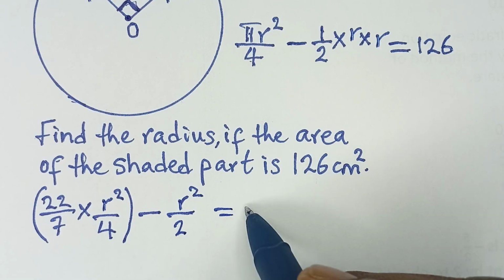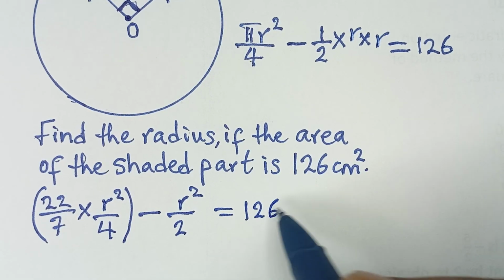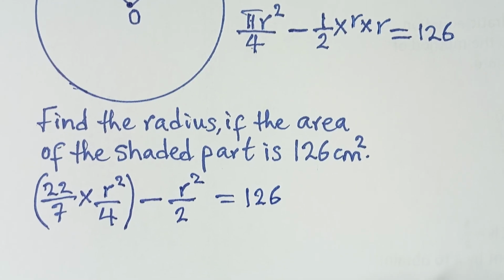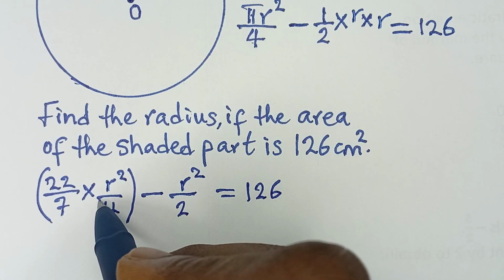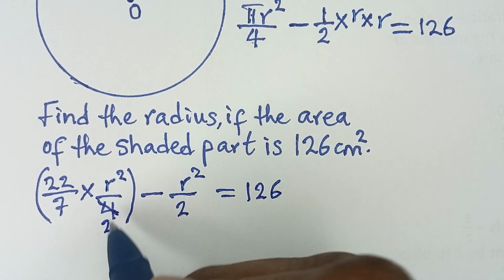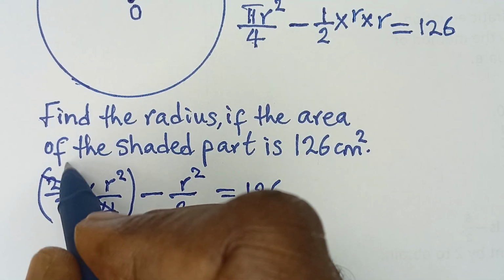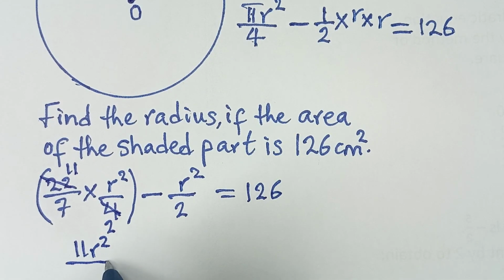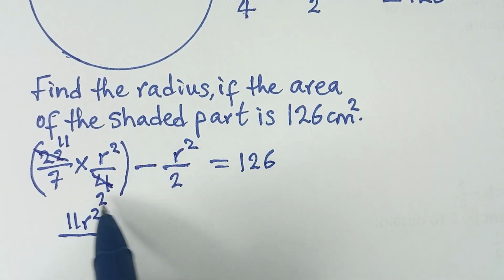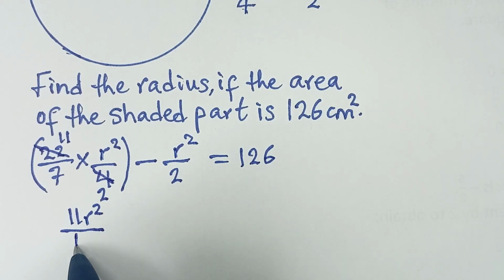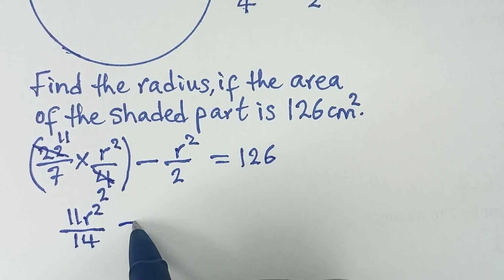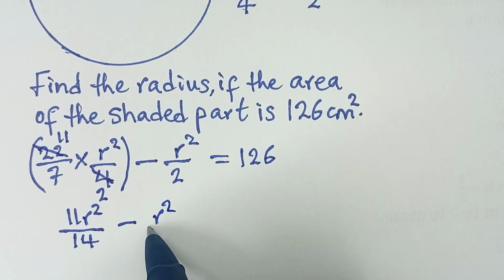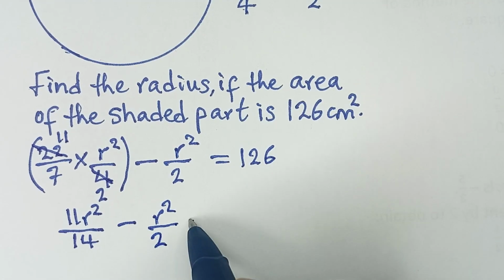And that should be equal to 126. Now, 2 here is 2, and 2 in 22 is 11. So that will give me 11 multiplied by r square, which is 11 r square, all divided by 7 multiplied by 2 down here, which gives 14. And then minus r square over 2 is equal to 126.